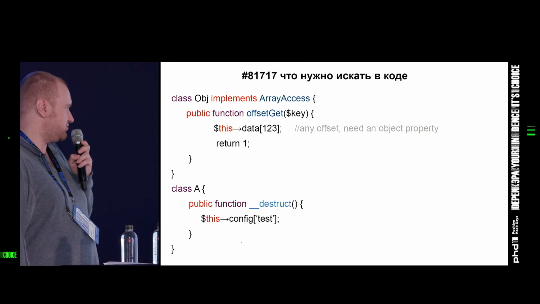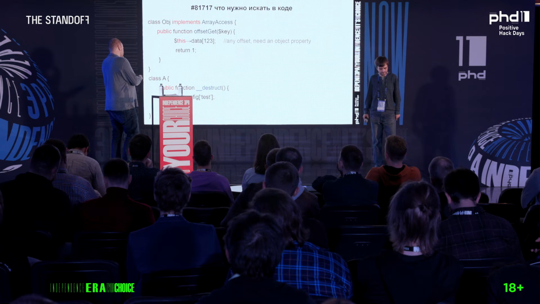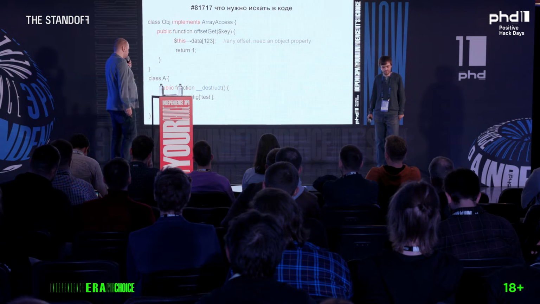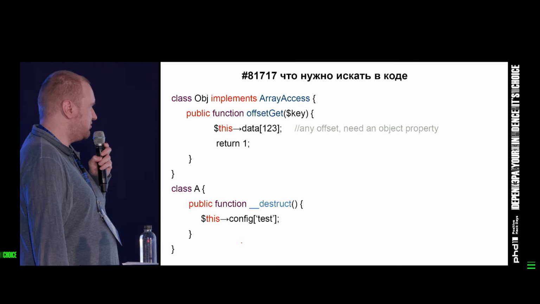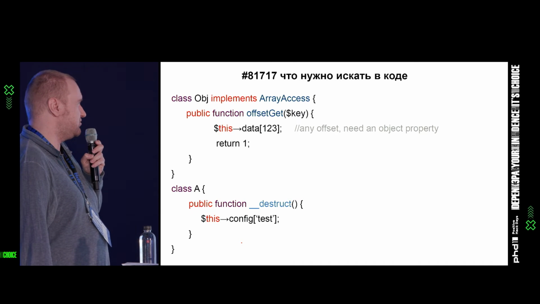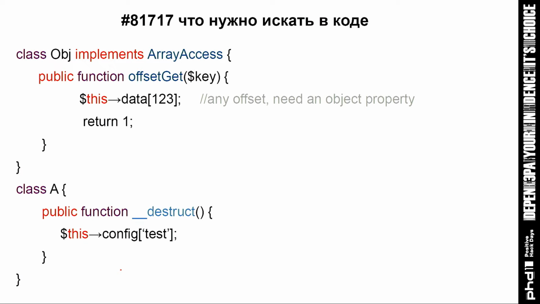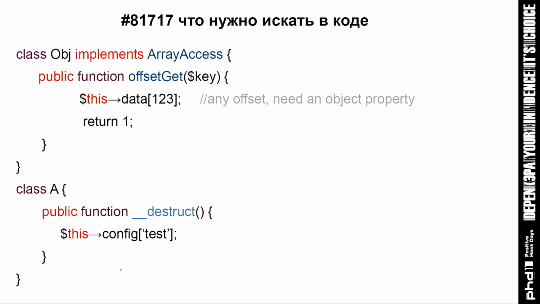So in order to exploit it, all you need is to address a field, an element in this field, an object field as an element of an array, and then we would call offsetGet, and there you go. And you have your DoS. So when I was talking to you about the classical vulnerabilities, from what we see in the bug, we see a different pattern where we address the fields as elements of an array.